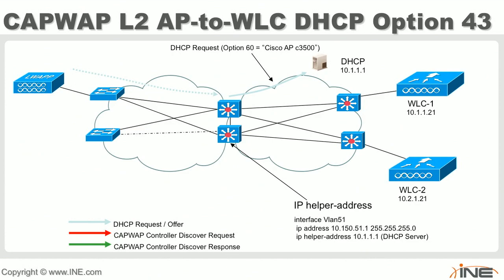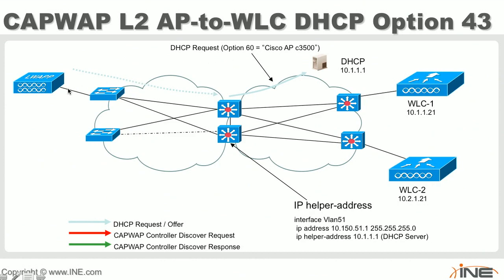Specifically, something called the VCI, the vendor identifier, is going to say always capital C Cisco, space capital A capital P for AP, space lowercase c, and then the model of the particular access point that's trying to register.